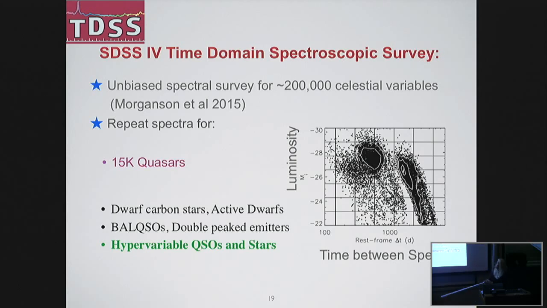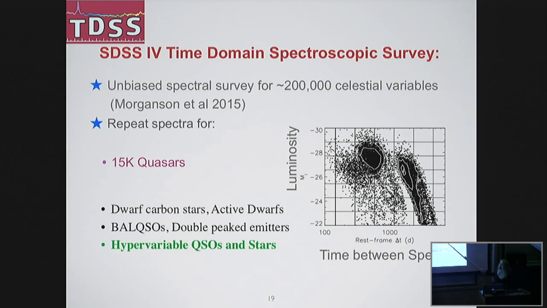And this plot right here is showing the distribution of rest frame times spanned between the repeat spectra for this quasar sample versus their luminosity. And you can see that this plane, this is after we've observed these 15,000 quasars, is starting to get filled in so that we can study how quasars vary spectroscopically at any given timescale at any given luminosity.